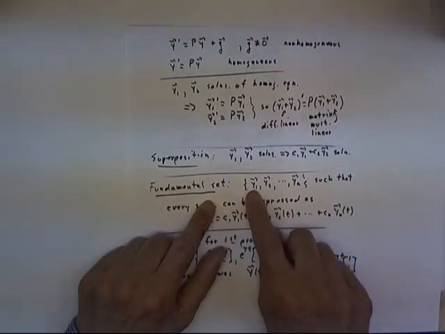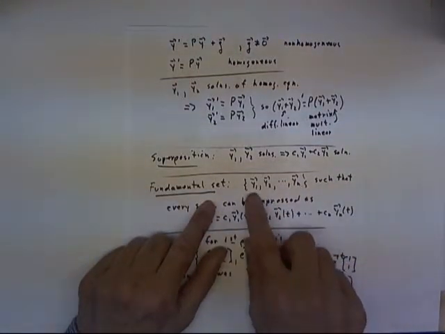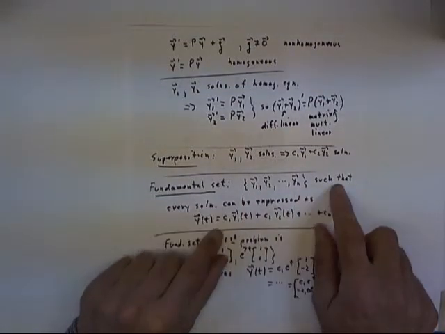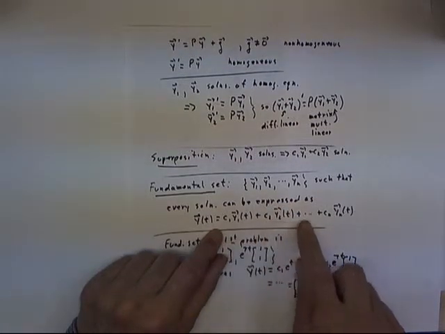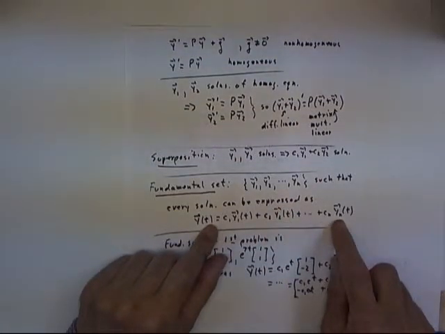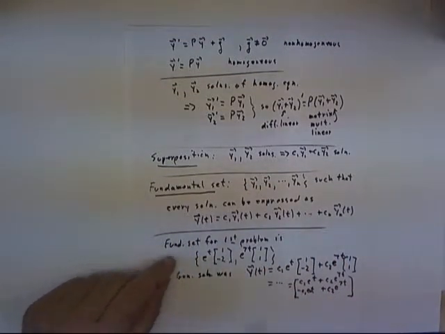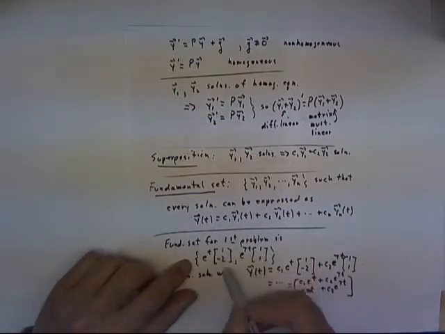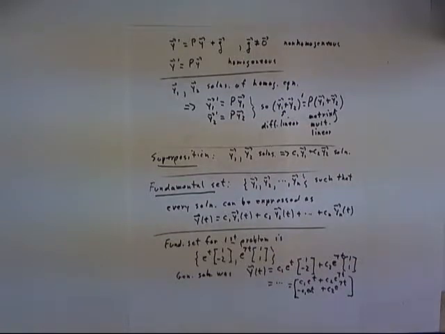The only difference is that these are now vector functions with many components, but a fundamental set would be a set of solutions with the property that every solution can be expressed as a linear combination of vectors in that set. And again, coming back to our first problem, the fundamental set for that problem was e to the t times the vector 1, negative 2, and e to the 7t times the vector 1, 1.